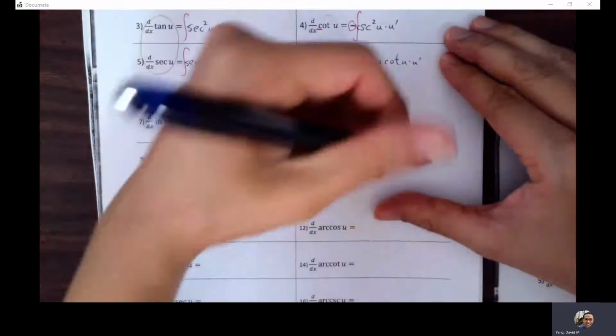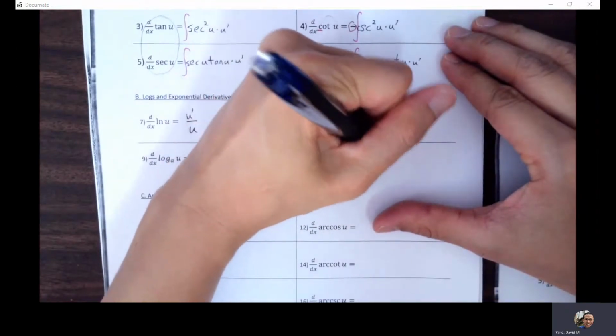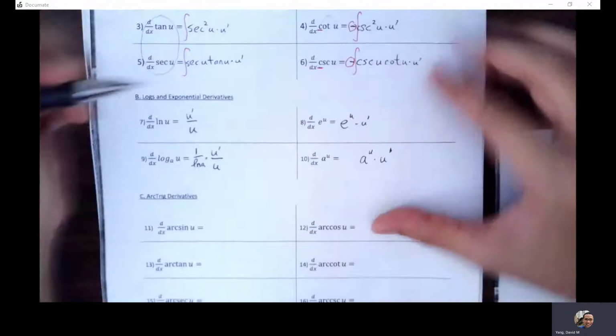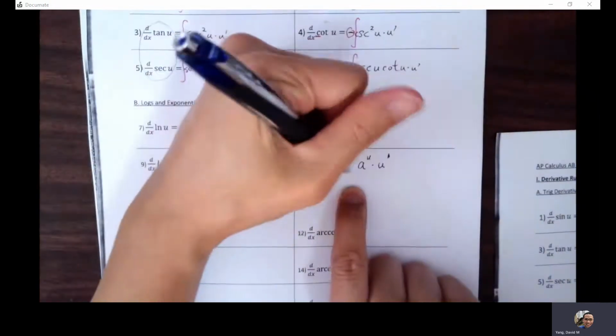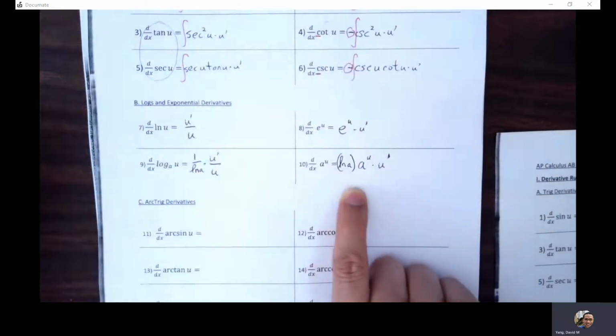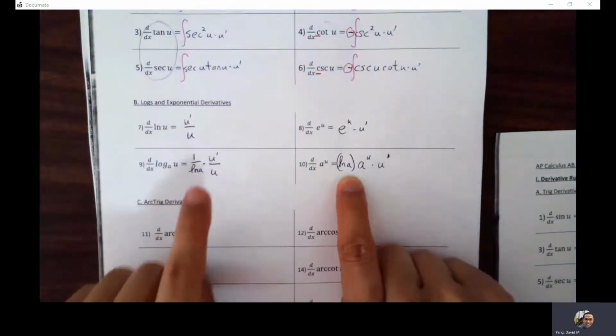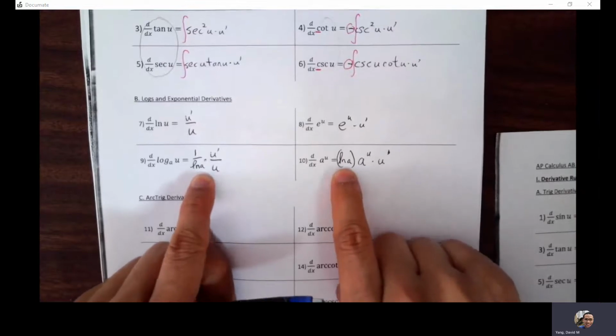A to the u, very similar. There's also the original function times the exponent's derivative. But it's not base e. There's a conversion that has to occur, and it's going to take on the form of natural log of a as a coefficient. Okay, so this one has a coefficient of 1 over natural log of a. This one has a coefficient of natural log of a.